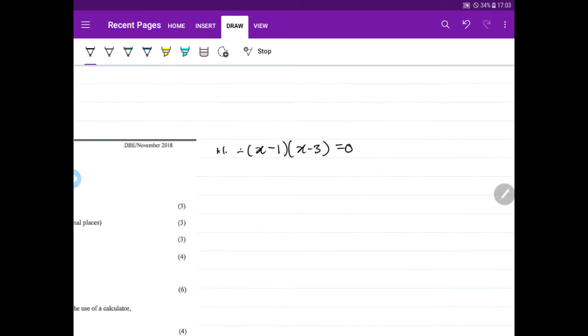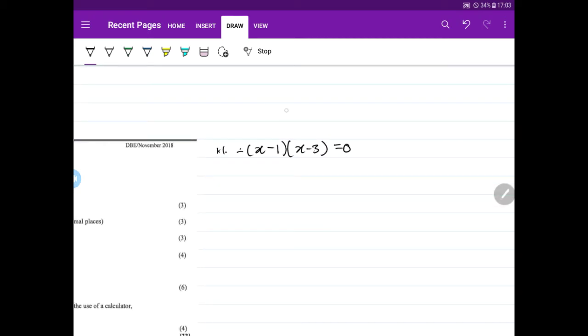Now this method is based on the principle that if a times b is equal to 0, therefore a must equal 0 or b must equal 0. Because for a product of two numbers to equal 0, at least one of them absolutely has to equal 0.